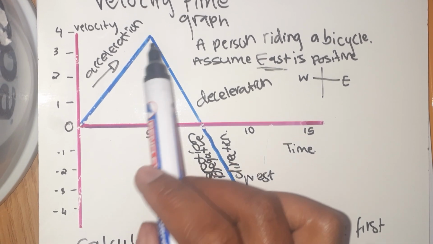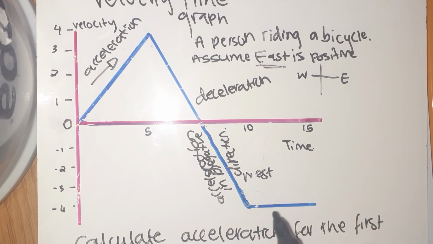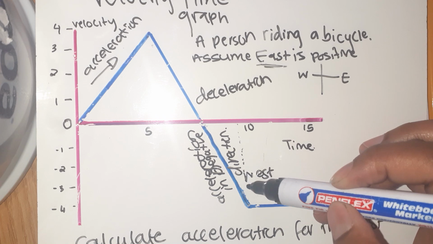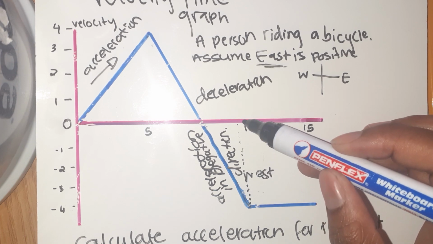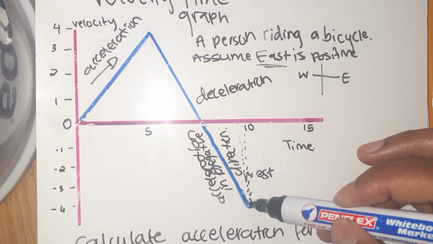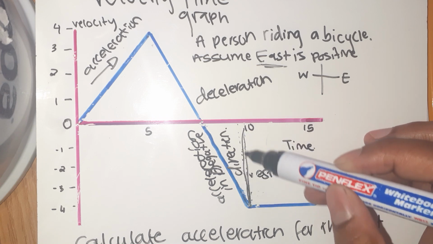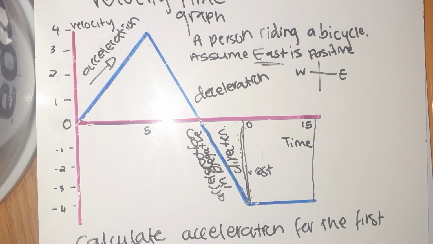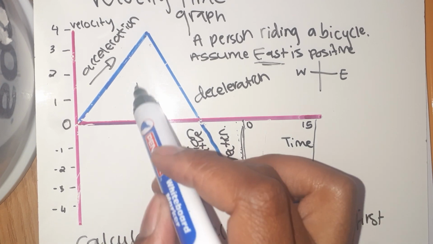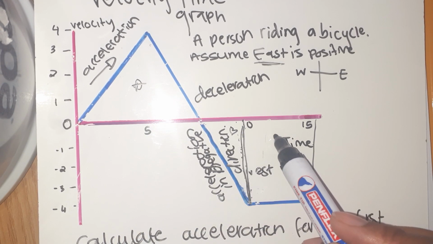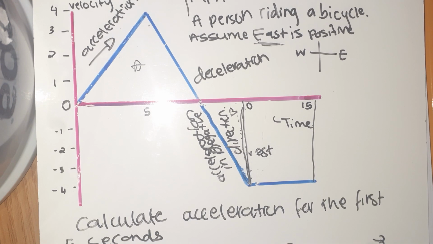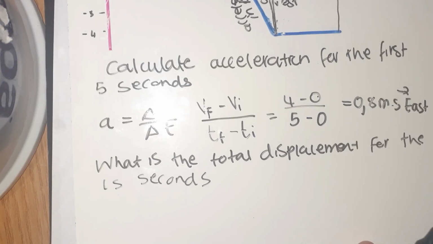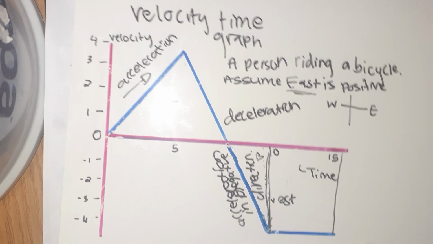So here we have a triangle, and then we can cut it here and also have a line at 10, and then you can have a rectangle there. This is A, this is B, and this is C. So we are trying to calculate the displacement.